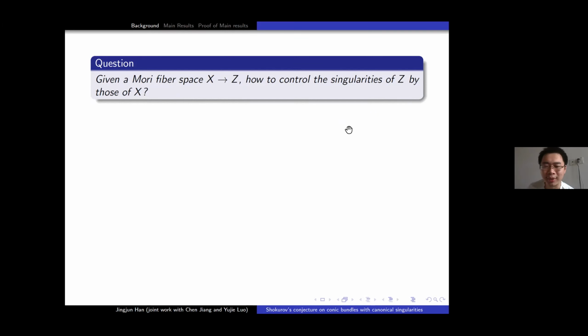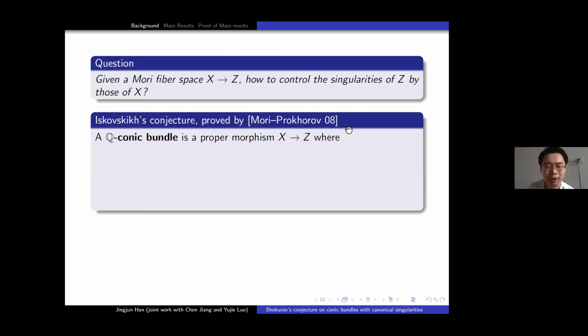Or if X has some better singularities, such as epsilon-log canonical singularities, could we control the singularities of Z? A related question, or a special case of this question, is called the Iskovskikh conjecture, which was later proved by Mori and Prokhorov in 2008.